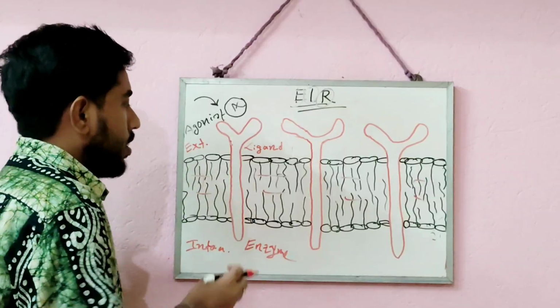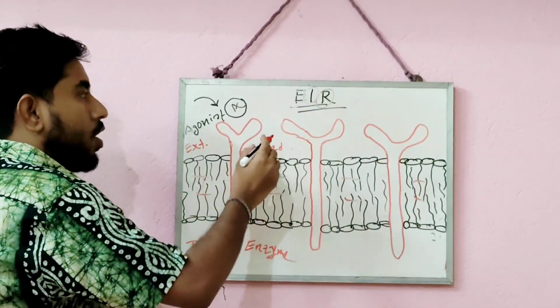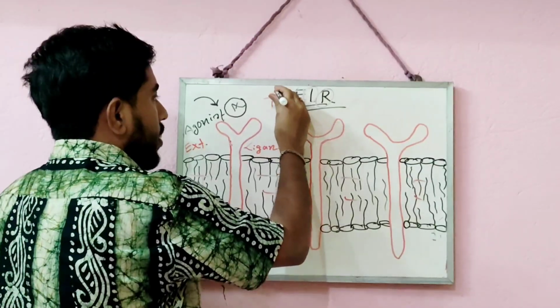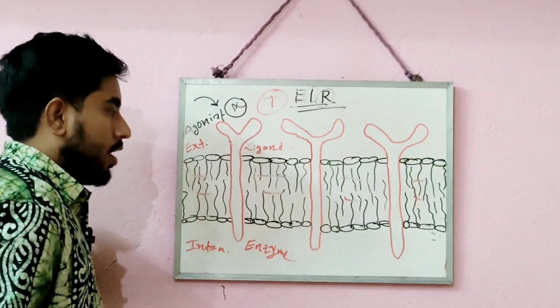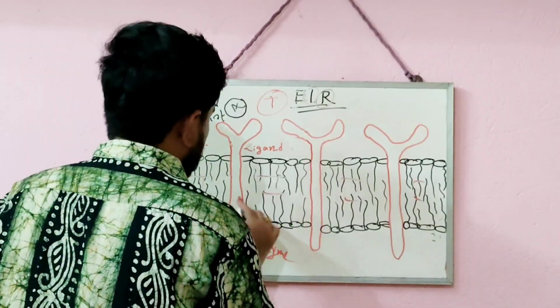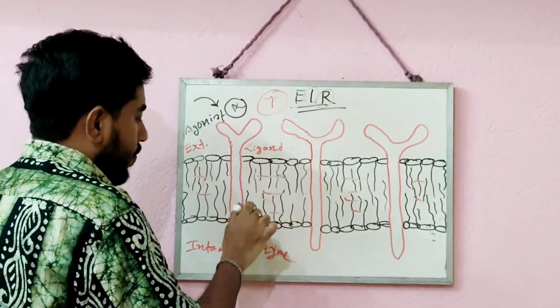As they are present in that transmembrane, that's why they are also called transmembrane enzyme linked receptors. So here I have drawn a simple diagram. Here that is the transmembrane, and in the transmembrane the receptors are present.